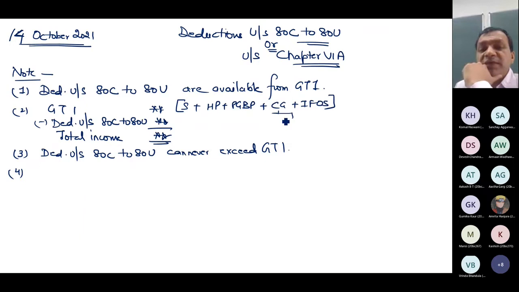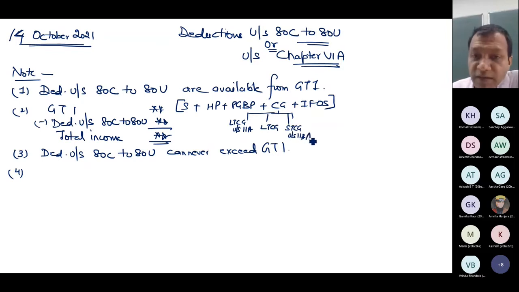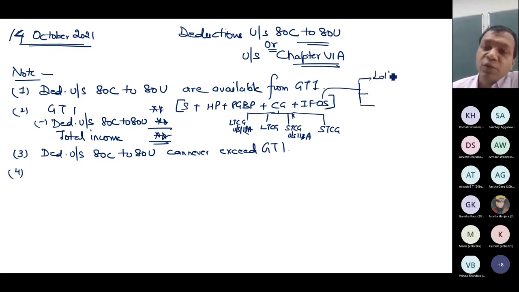Within capital gain, it can be STCG of section 111A, it can be LTCG of section 112A, it can be normal LTCG, it can be normal STCG. Similarly, in other sources, it can have winning from lottery, etc.